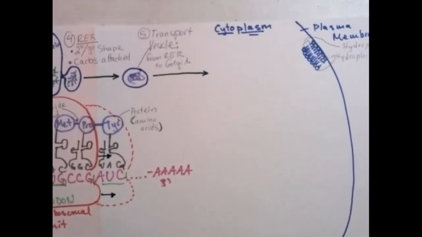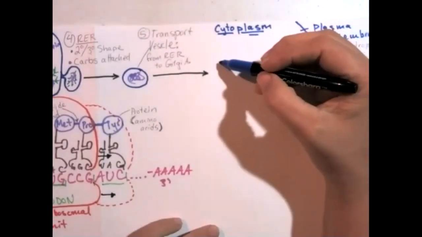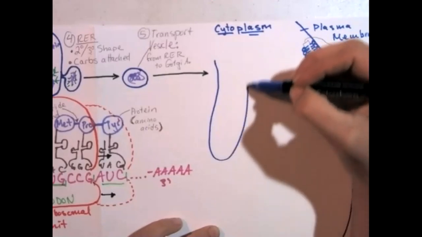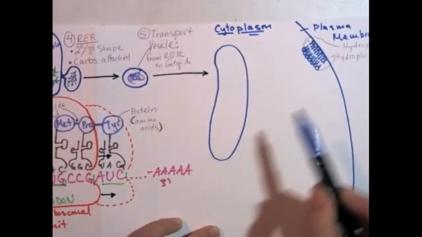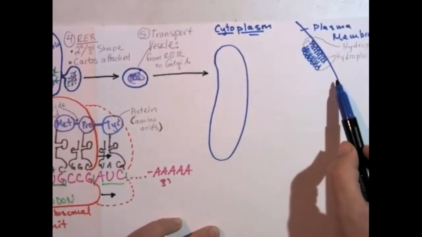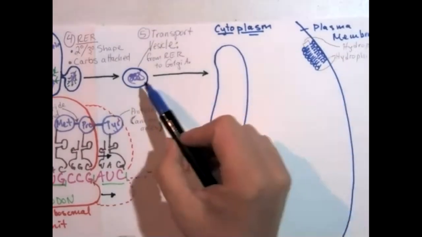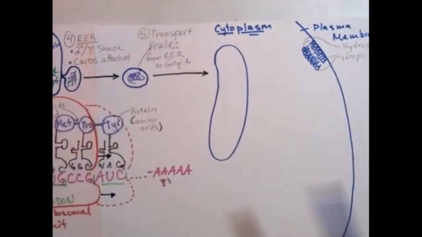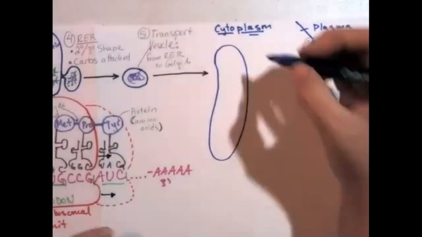The Golgi is also made of phospholipid bilayer. Note, blue is phospholipid bilayer. Here and here, the RER, the nucleus, all of these things are made out of the same stuff.